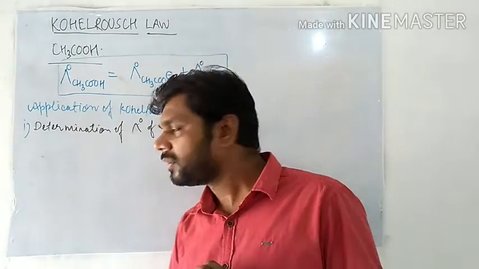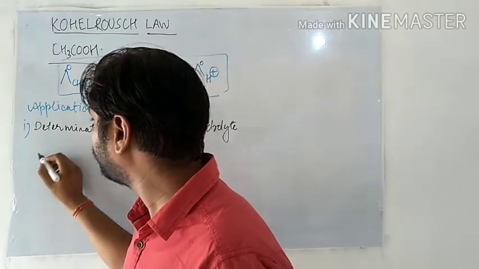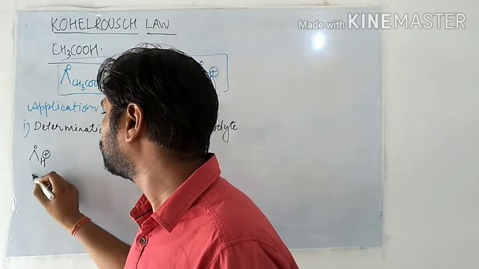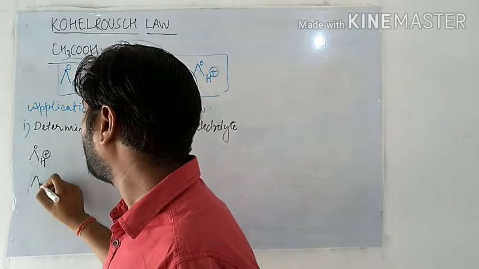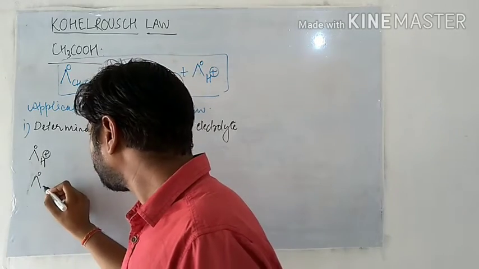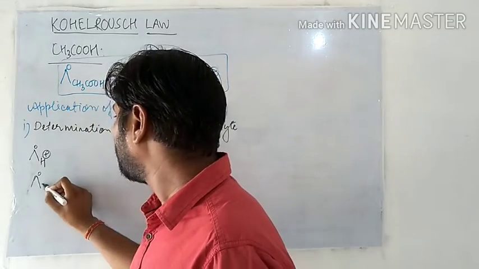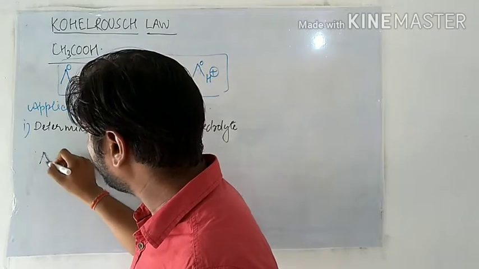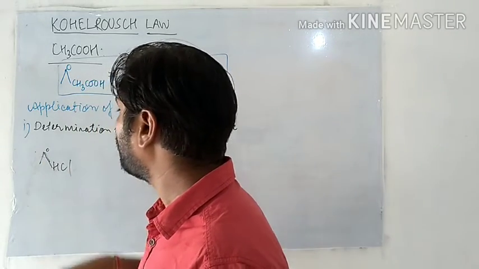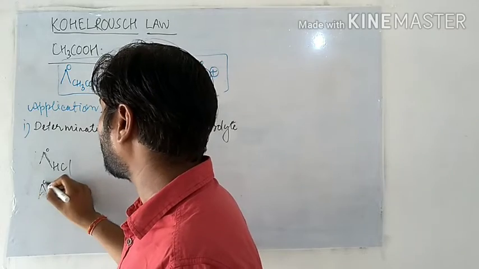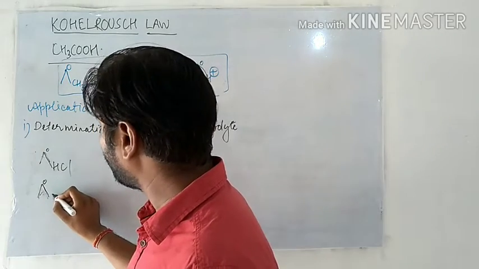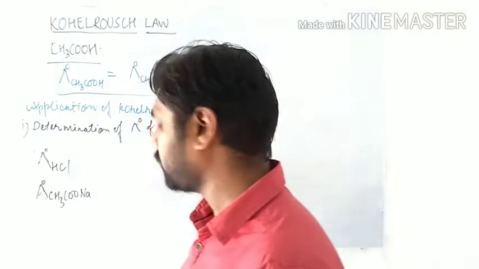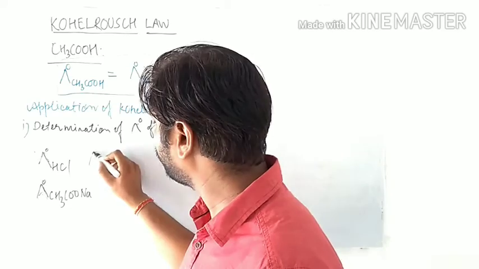Suppose we have been given the molar conductances of H positive ions, and molar conductance of HCl, and molar conductance of sodium acetate, and molar conductance of sodium chloride.